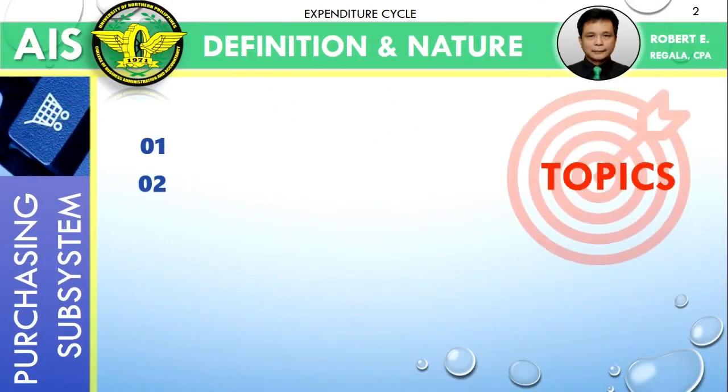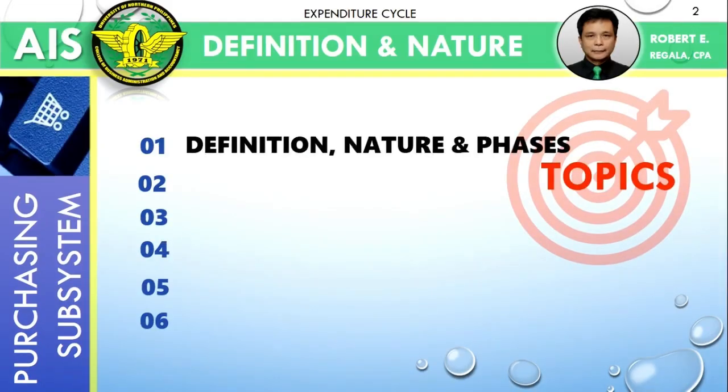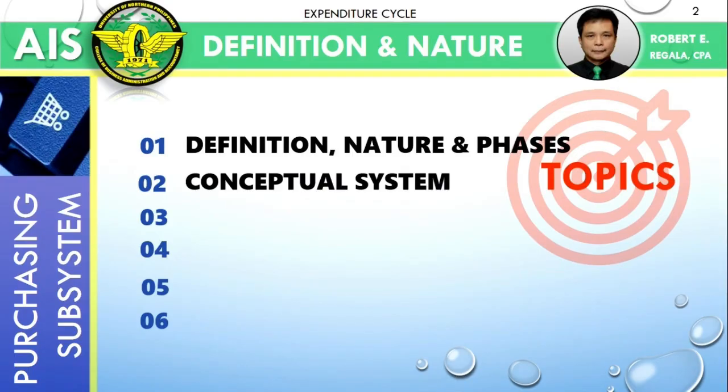Our topics for this lecture video are: 1. Definition, nature, and phases. Describes the physical and financial phase of an expenditure cycle transaction. 2. Conceptual system. Discusses the technology-neutral tasks that must be performed in both purchasing and cash disbursement subsystems.